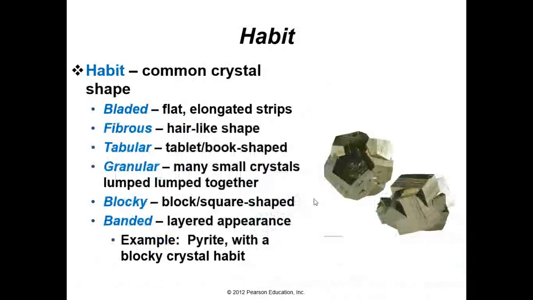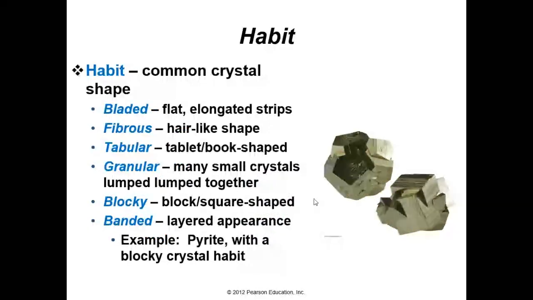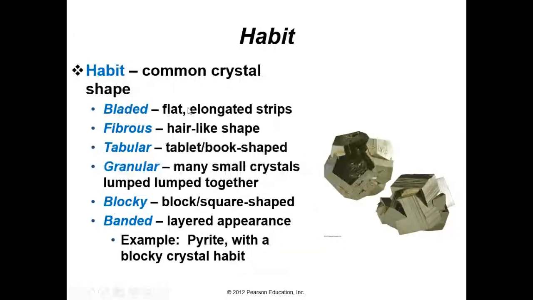Okay, habit is just a shape, the shape of the mineral. I'm also going to use the term crystal interchangeably with mineral. Just know that there are different types of habits. Probably the more common ones are bladed, which are kind of flat, elongated strips.